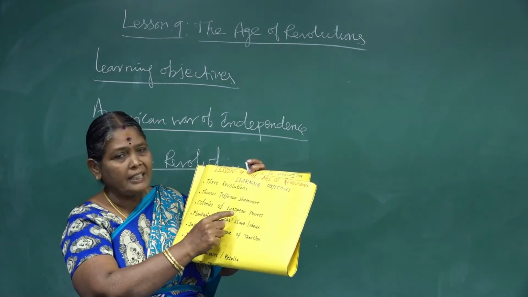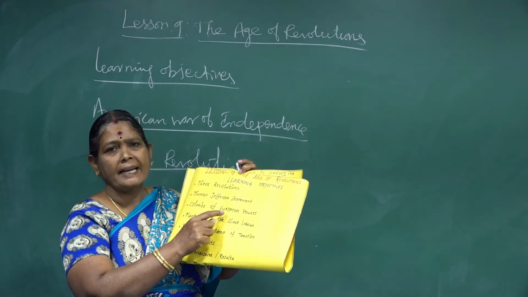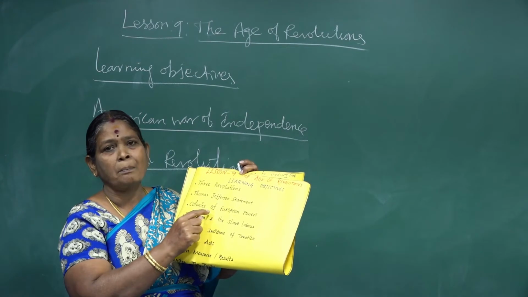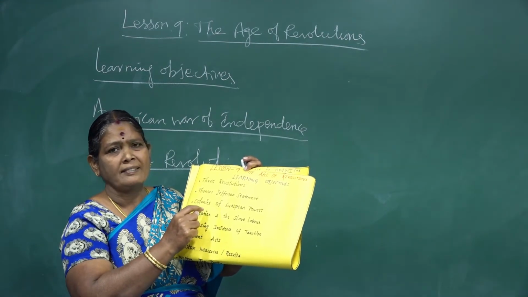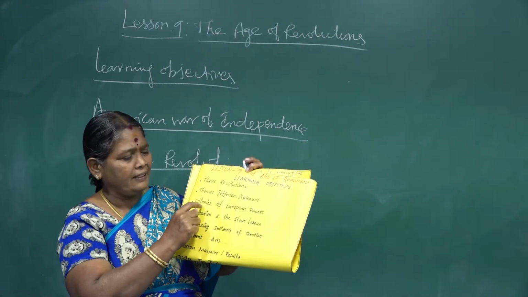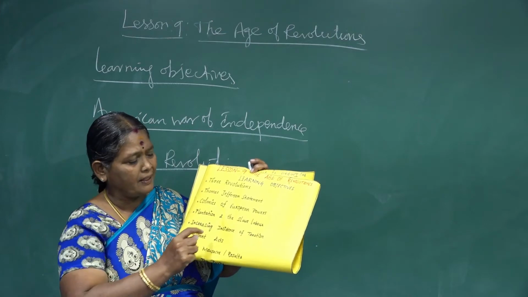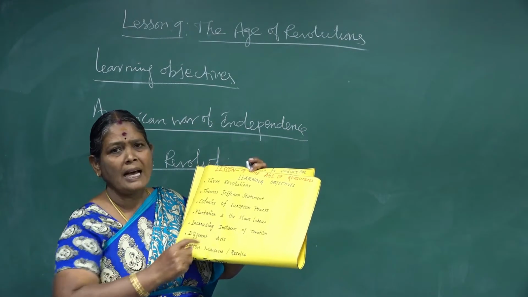Colonies of European powers, particularly Britain, established 13 colonies in the northern part of America. That is what happened; we see it under the topic colonies of European powers. Next, plantations and slave labor.